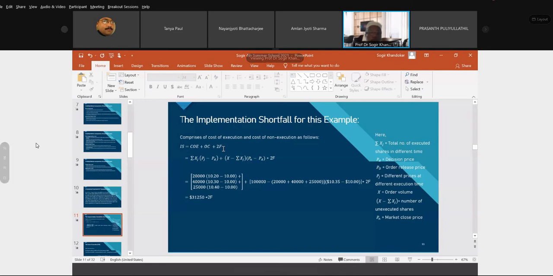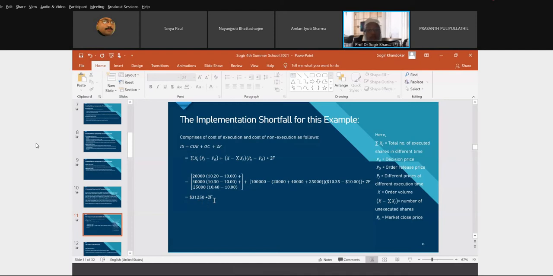We can rewrite the cost of execution as the summation of xj within brackets pj minus pd. In this way, I think you can see the formula, and by using this formula, we can easily calculate the total implementation shortfall, that is $31,250 plus 2F.